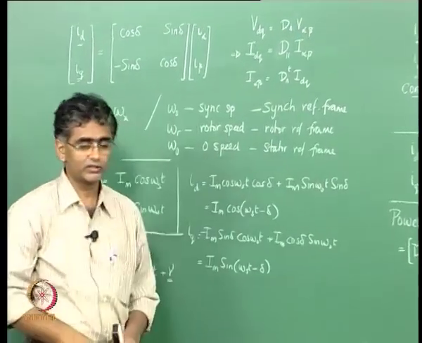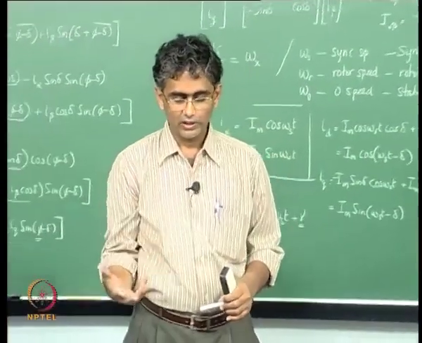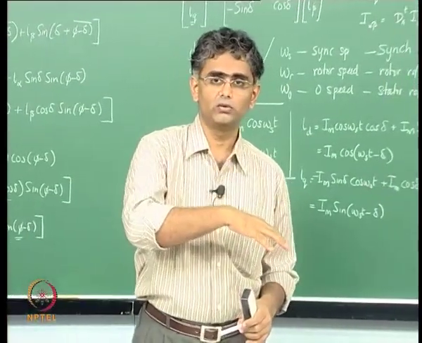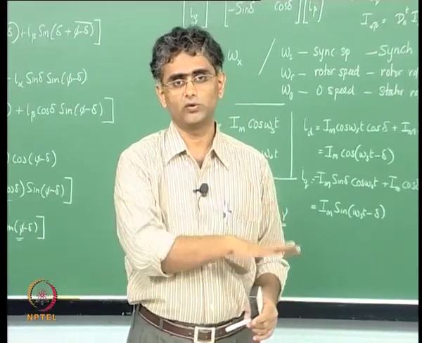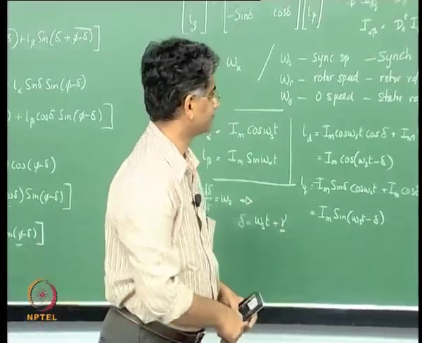So the manner in which I alpha beta gets transformed to I dq and V alpha beta to V dq is identical.